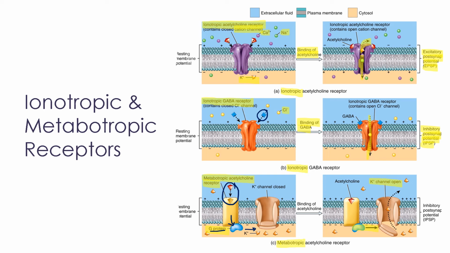Some inhibitory neurotransmitters will bind to metabotropic receptors. These are mostly going to be ones that are linked to potassium channels. So when acetylcholine binds to the metabotropic receptor, it will open the potassium channel, allowing potassium out, resulting in an IPSP.